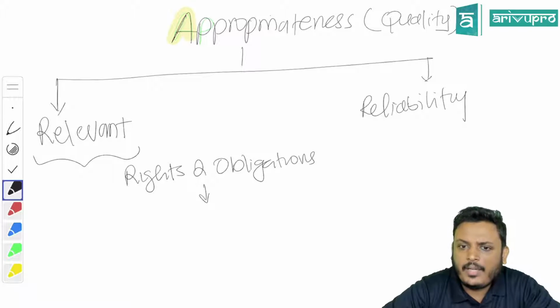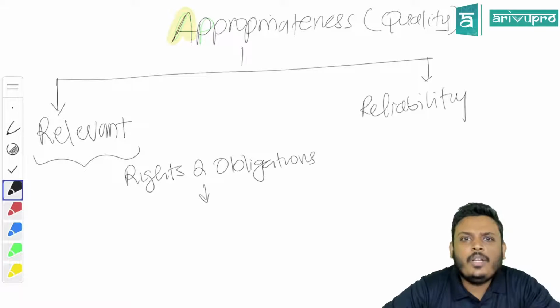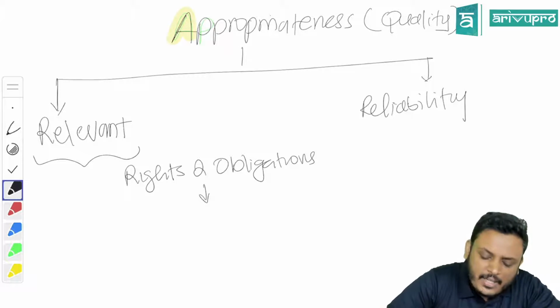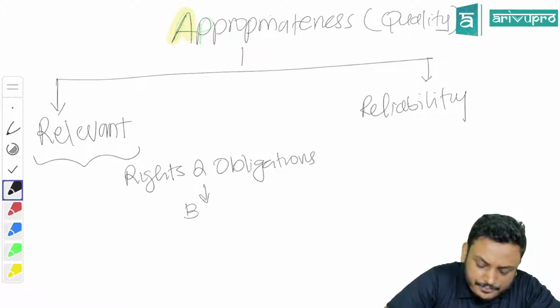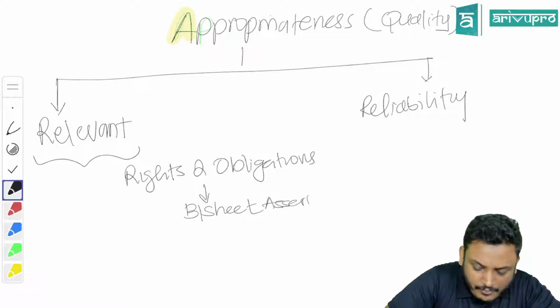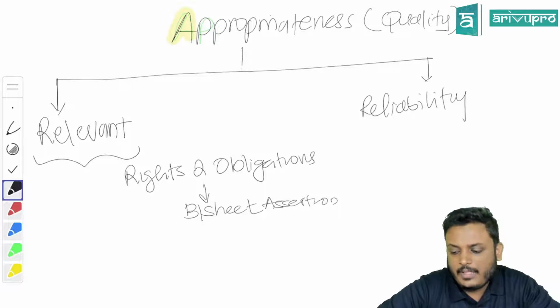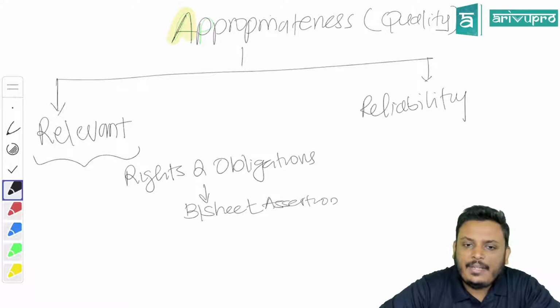When you see those clips, you will clearly understand the assertions. Thereafter, if you come back and see this part, it is not a big deal. So rights and obligations is a balance sheet assertion.